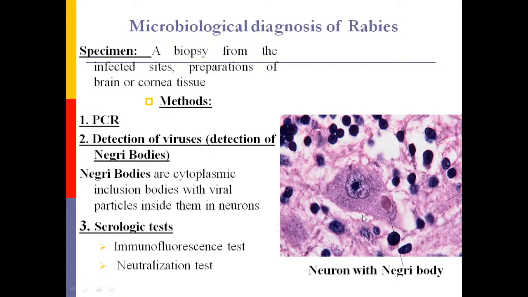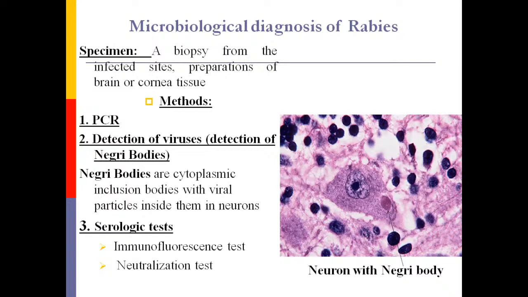So we can prepare a smear from nervous tissues that contain neurons and stain it, and then we can see Negri bodies. Other tests used in diagnosis of rabies are serological tests: immunofluorescence test and neutralization test.